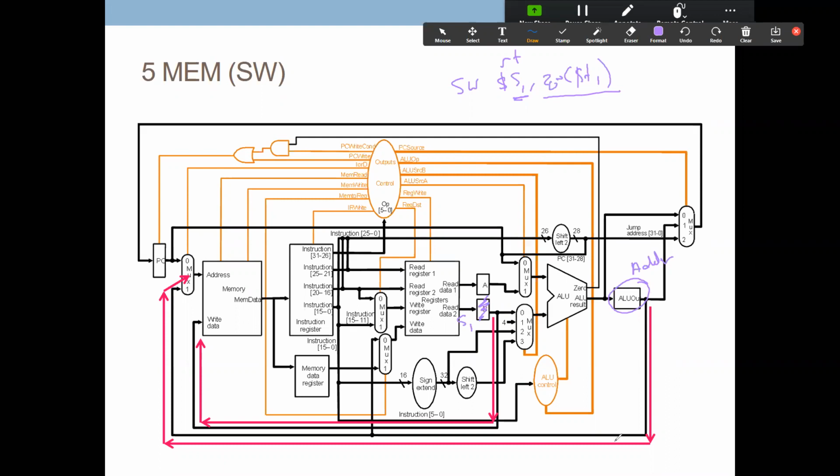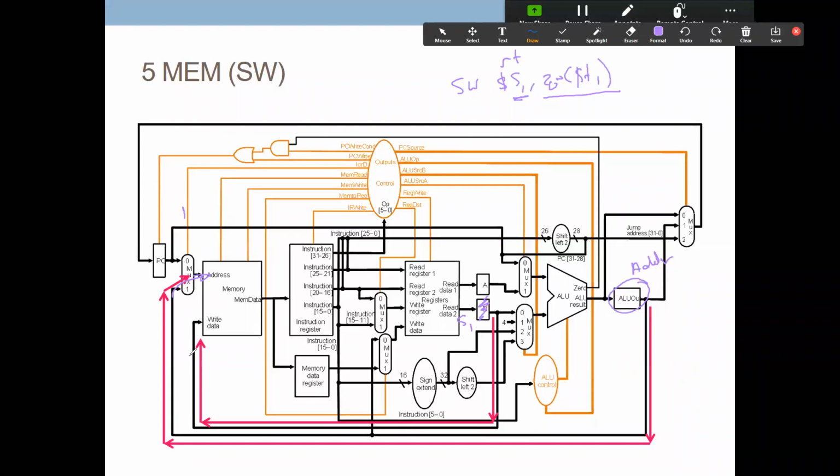Now the address of the memory needs to come from below. With this I or D, this will be I or D, it will surely be the data register. So it has to be 1 here so that we take the address that came from the ALU out, while the 32 bit value will come from here.